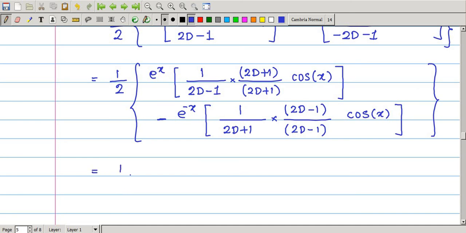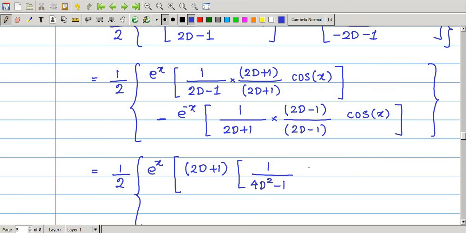So if we simplify this, 1 upon 2 times e raised to x into, take the numerator term aside, and the denominator term will be 1 upon 4 times d square minus 1 into cos x.